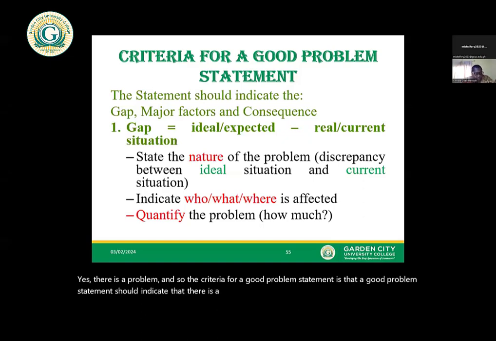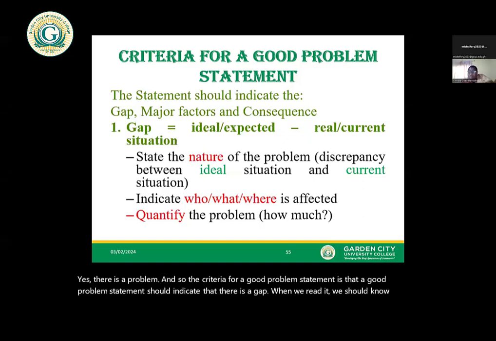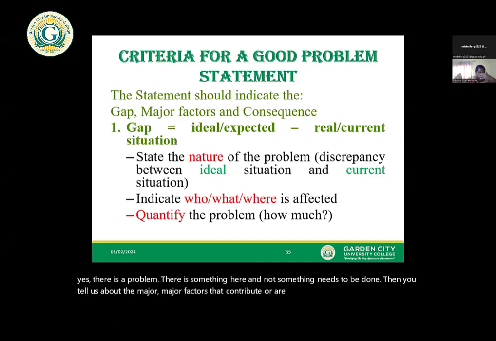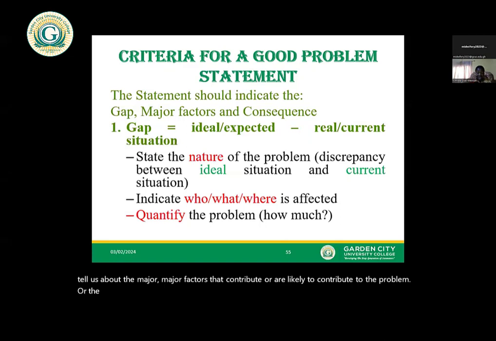When we read it, we should know that, yes, there's a problem. There's something here, and that something needs to be done. Then you tell us about the major factors that contribute or are likely to contribute to the problem or the gap you are looking at.